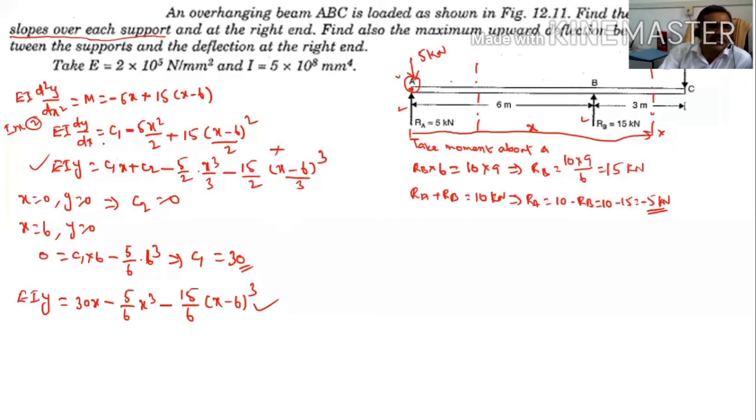What is the generalized form of the slope equation? EI into dy by dx is equal to C1, which is 30, minus 5 by 2 x square plus 15 by 2 x minus 6 the whole square.